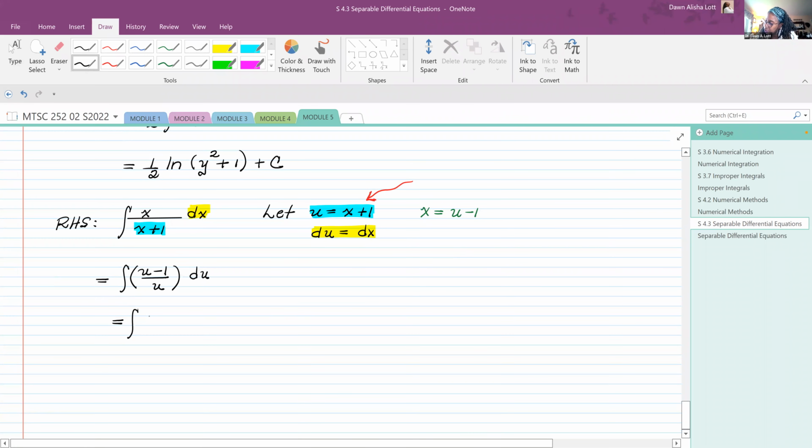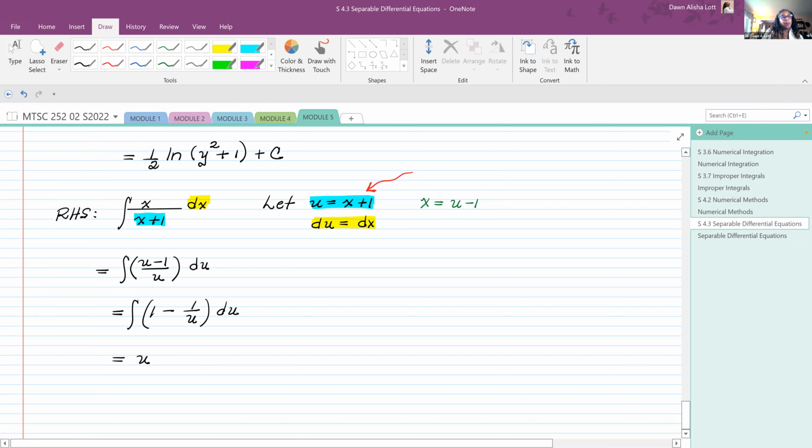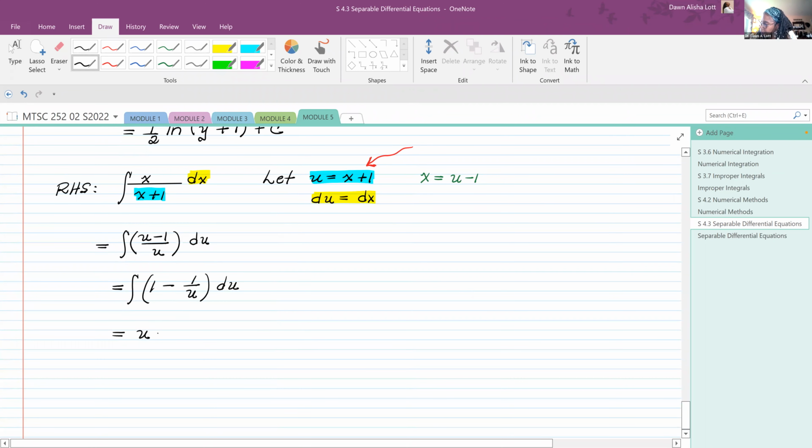This is the integral of u over u is 1 minus 1 over u du. So that's u minus the natural log of the absolute value of u plus a constant.